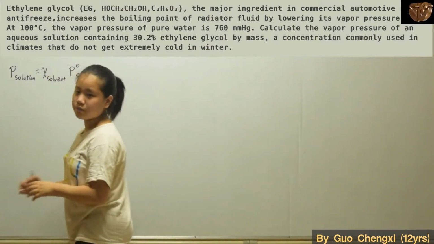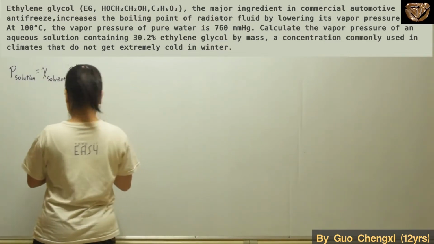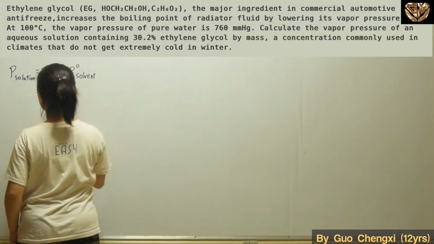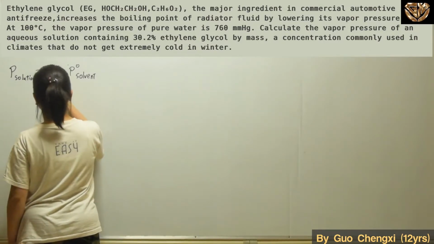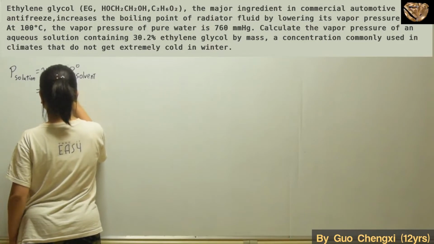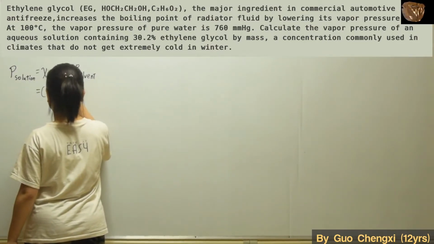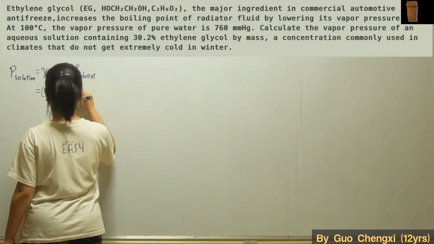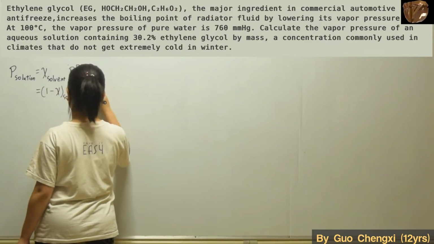vapor. Okay, so over here for this chi solvent, if you add it with chi solute, it will become 1, because over here they are the different molecules. So another way to write this is 1 minus chi solute, while here is still the pressure of pure solvent vapor.